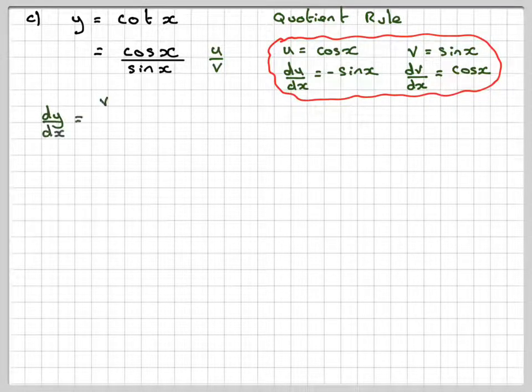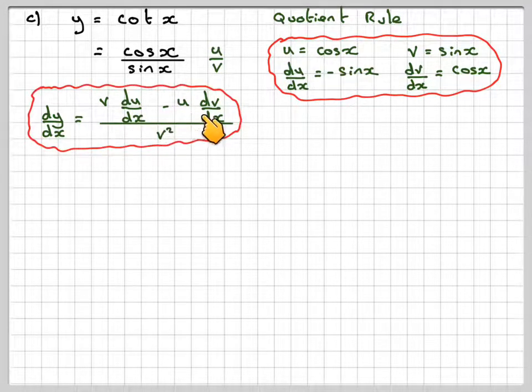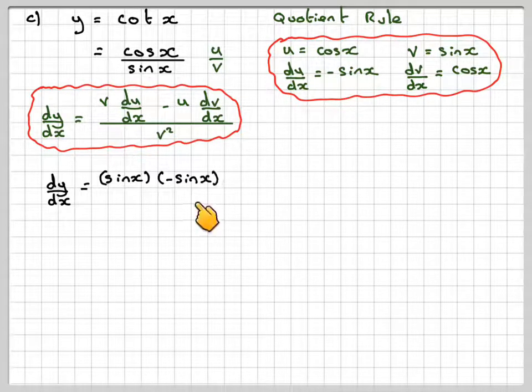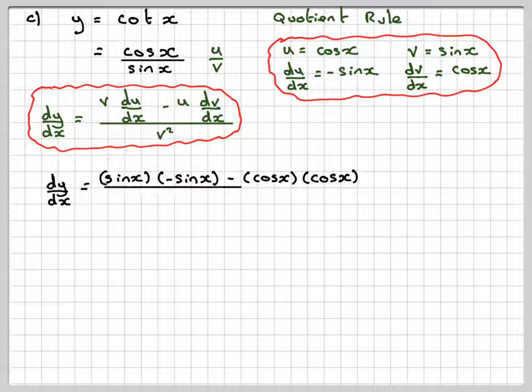So writing out the quotient rule, dy by dx is v du by dx minus u dv by dx over v squared. dy by dx is going to be equal to v, which is sine x, times du by dx, which is minus sine x, minus u, which is cos x, times dv by dx, which is cos x, all over sine squared x.